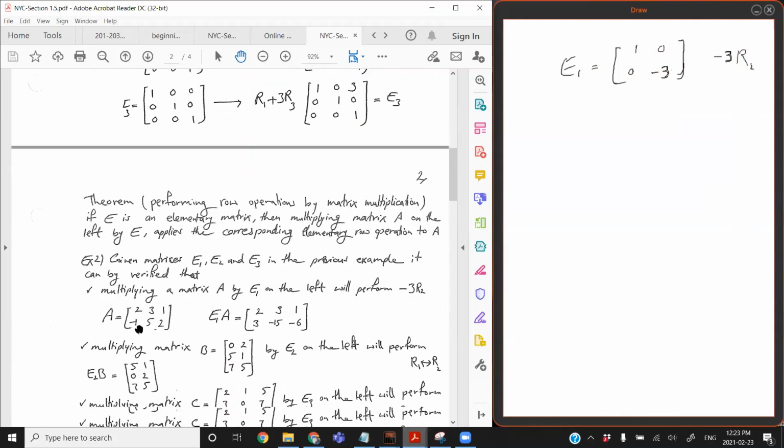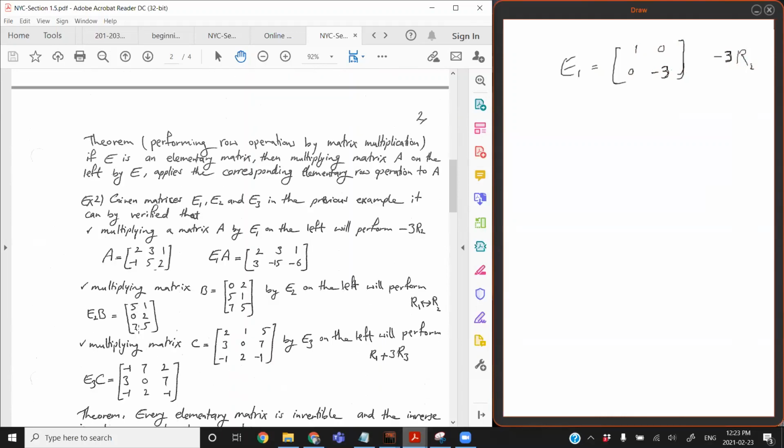Now, what happens if I multiply the matrix A and E1? So I put E1, 1, 0, 0, -3 on the left, and A, 2, 3, 1, -1, 5, 2 on the right.